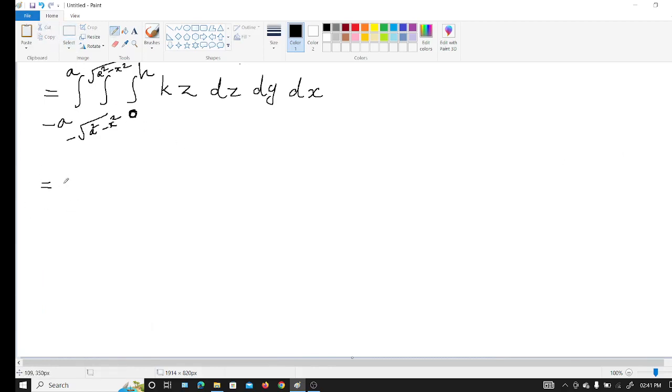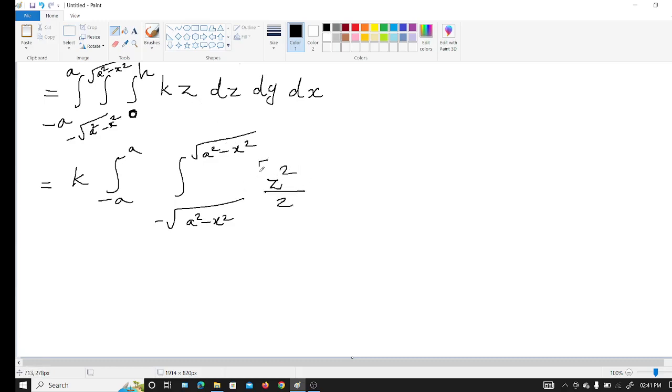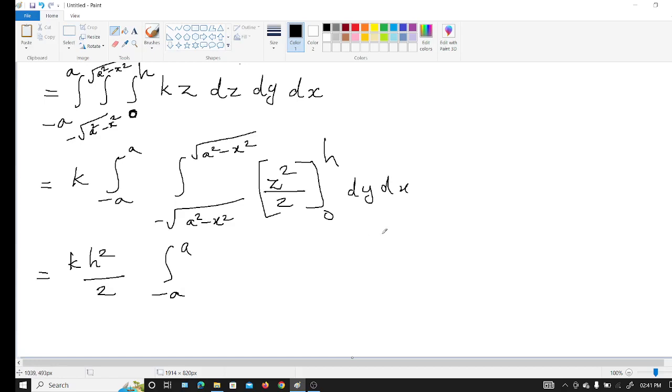k is a constant, so this is k times the integral from minus a to a, the integral from minus square root of a square minus x square to root of a square minus x square, of z dz, which is z square by 2 from 0 to h, then dy dx. Substituting the limits, this equals k h square divided by 2 times the integral from minus a to a of dy dx.